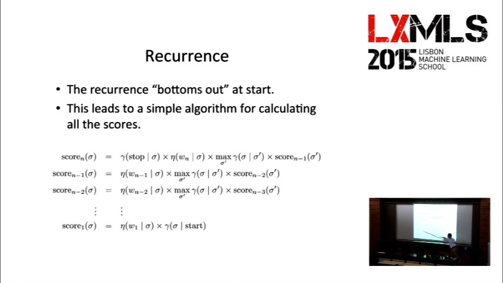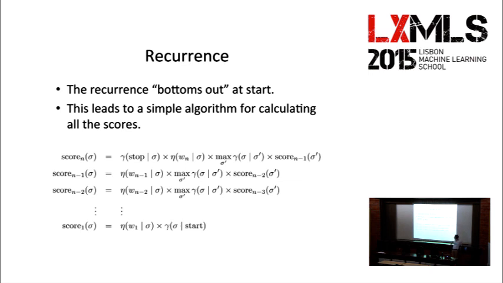Same thing to calculate the scores at n-2 given the scores up to n-3. Same recurrence, and it just keeps going all the way back, and it bottoms out at the score at position 1. All I'm asking here is, what is the score of the best prefix of states up through word 1?